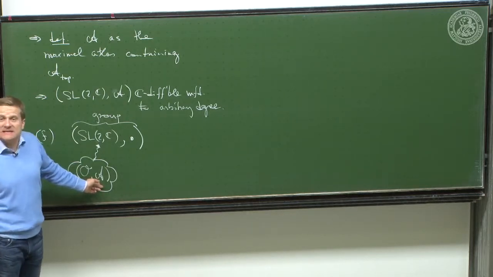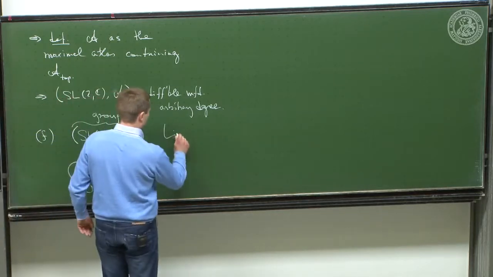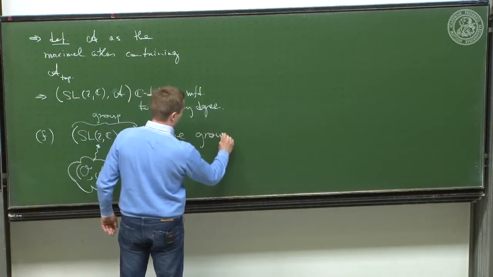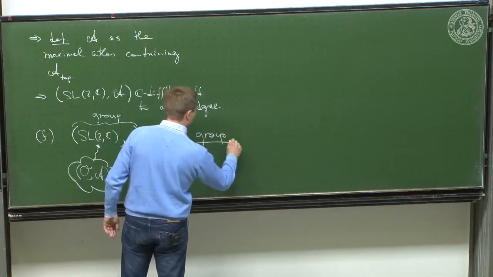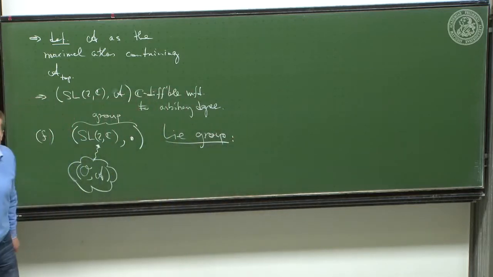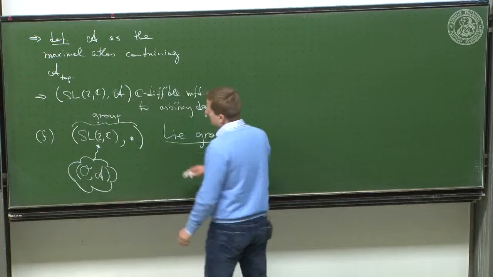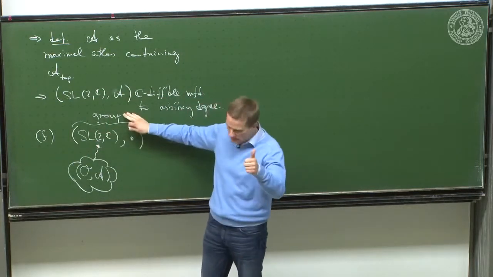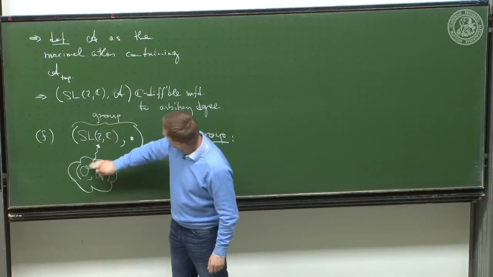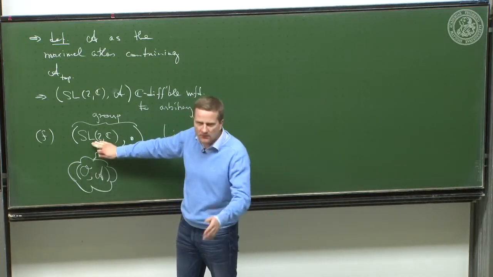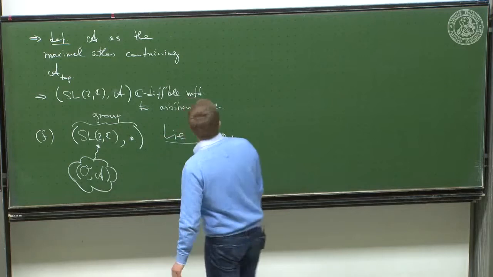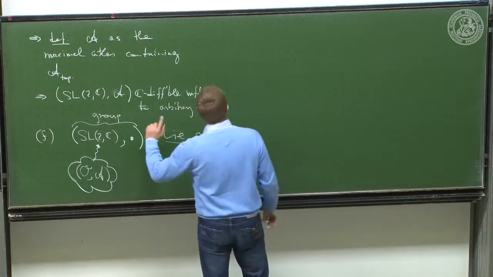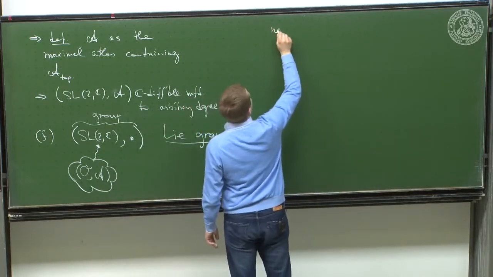So the question is, is this a Lie group? Well, there we need to check something. Remember, a Lie group was a set with an operation that together is a group, we already know, such that the underlying set is a smooth manifold, or arbitrarily often differentiable manifold here. But there was more.